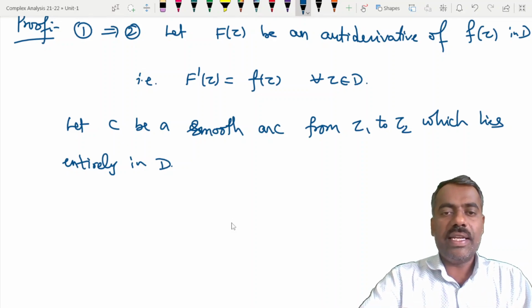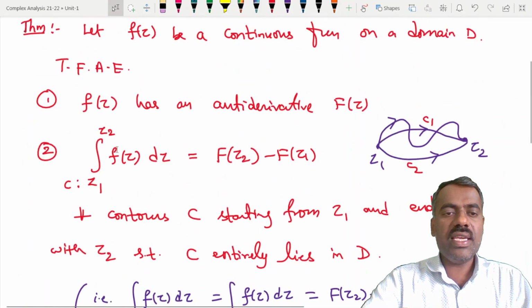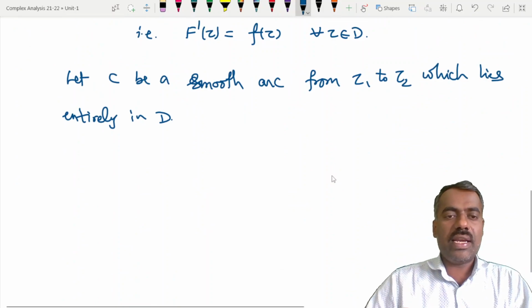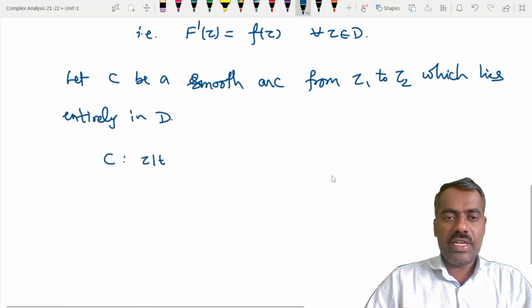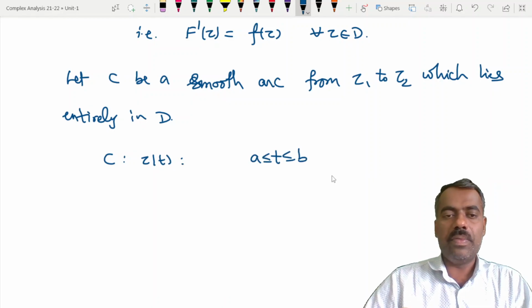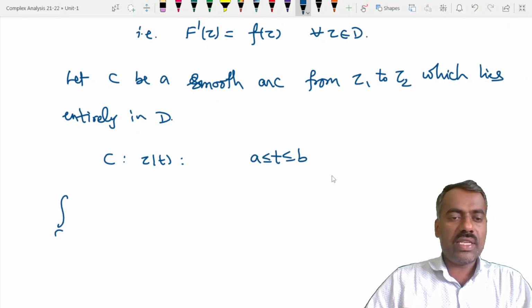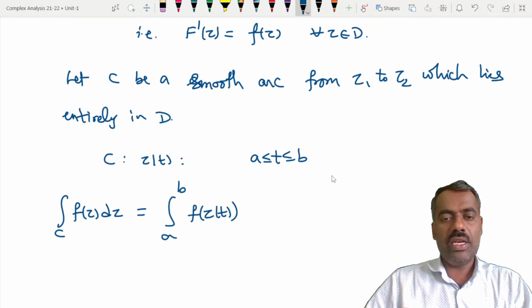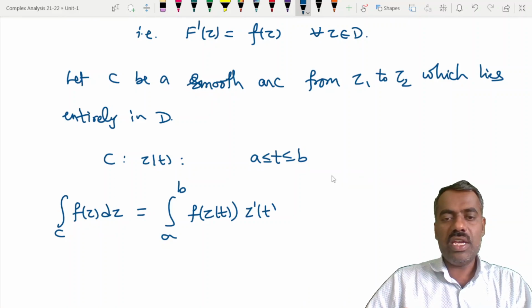For this, we will show that the integration of f of z over C is F of z2 minus F of z1. We can write this C as z of t, where t is between a and b. Then the integration of f of z dz with respect to this is the integration of f of z of t into z dash of t.